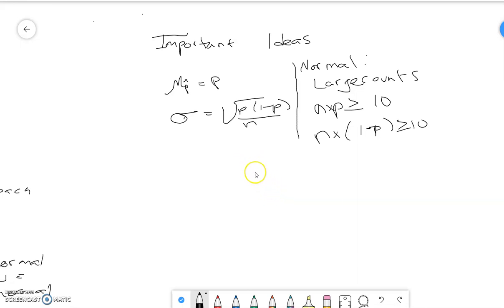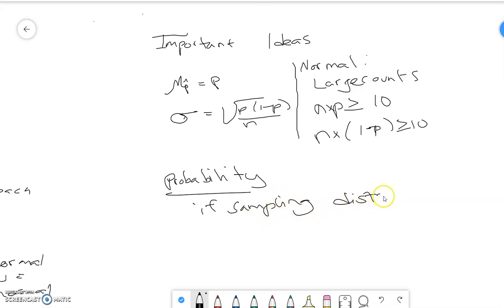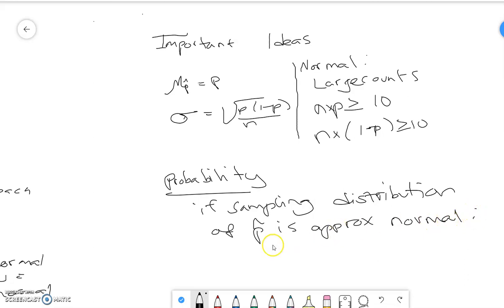Okay, so our last big idea is finding probability. If our sampling distribution of p-hat is approximately normal, then we can use our z-scores.